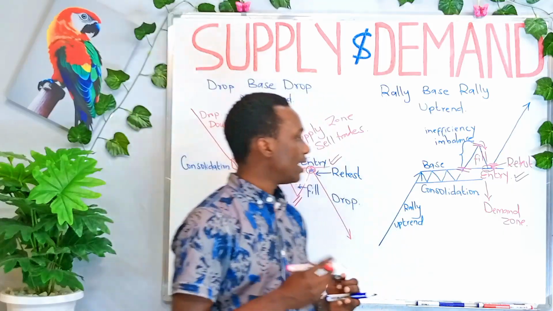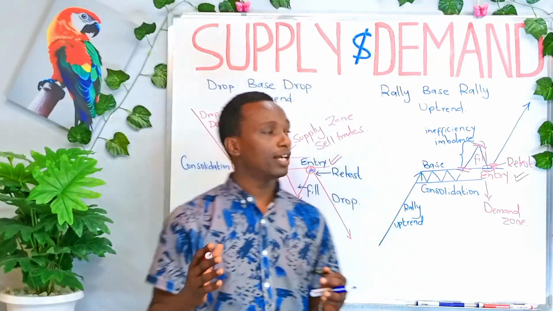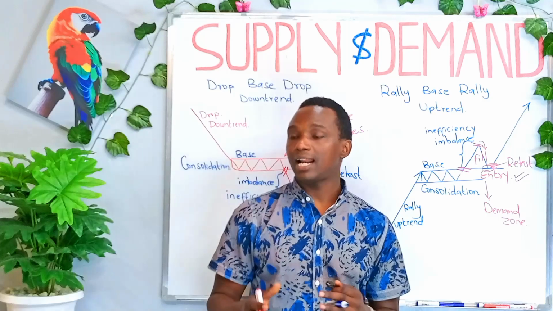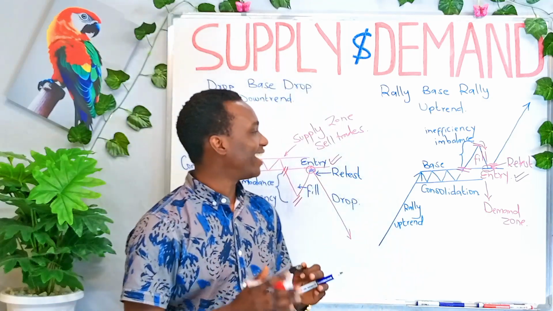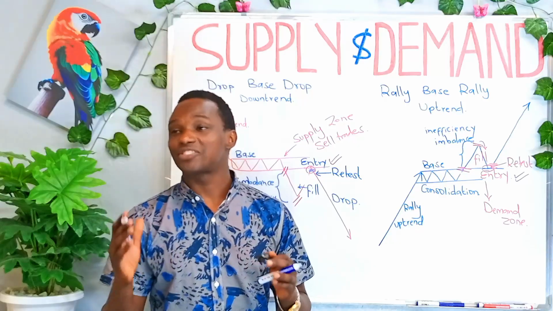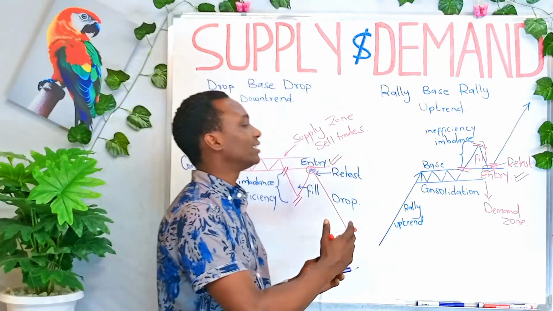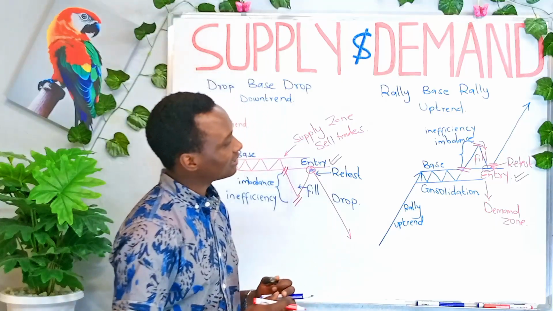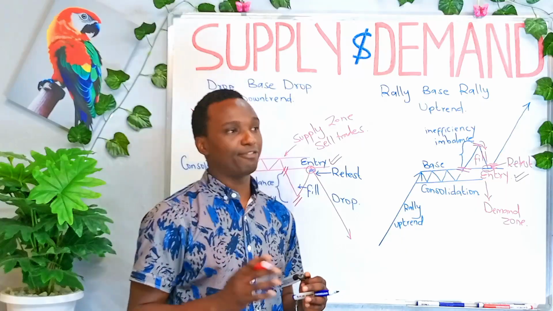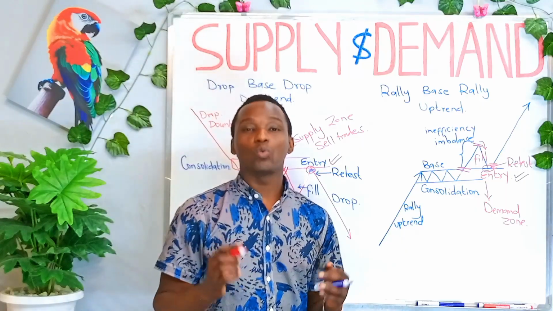Last but not least, we are going to look at confirmation trading using supply and demand zones. And lastly, we are going to go to my favorite part, the set and forget trading using supply and demand zones.